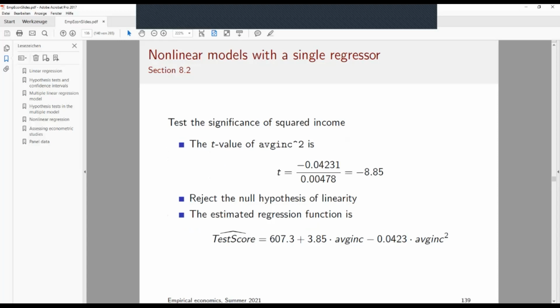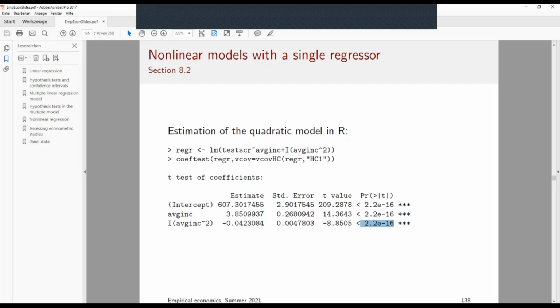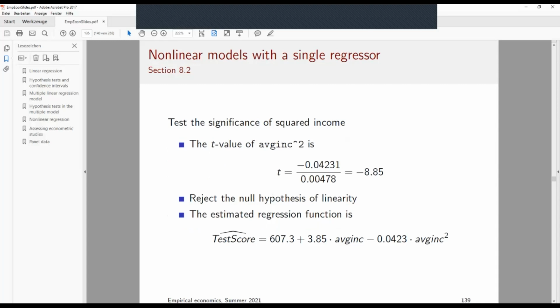The t-value, we've seen that before, of average income squared is minus 8.85. So it's the point estimate divided by the standard error. So 0.04 divided by 0.0047. That is roughly minus 9. And with this, we can directly reject the null hypothesis of linearity. Why can we do that?